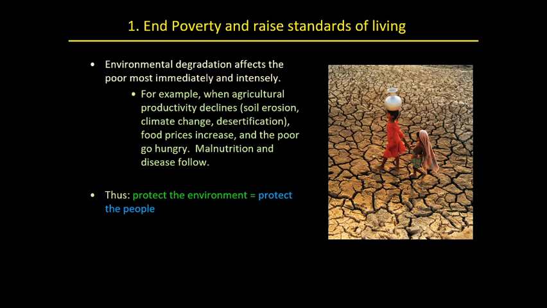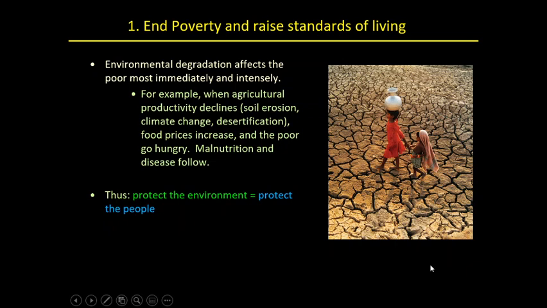They're getting their water from the environment, like these young girls are doing. They are harvesting their food from the land. Some are harvesting wild foods, like from fisheries and forests. They get fuel wood for their cooking fires from forests. And so as the environment degrades, it affects the world's poor first and foremost.